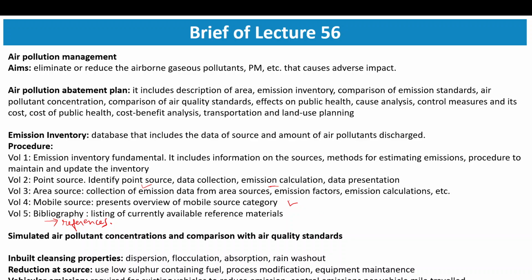Now, to maintain the standards, you need to either have some remediation technology, or if it is below a certain hazardous level, then up to a certain level, the atmosphere has inbuilt cleansing properties, which include dispersion, flocculation, absorption, and rain washout. So can you tell me what is dispersion?